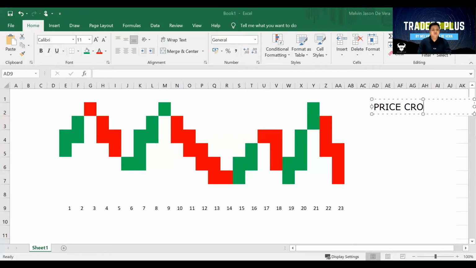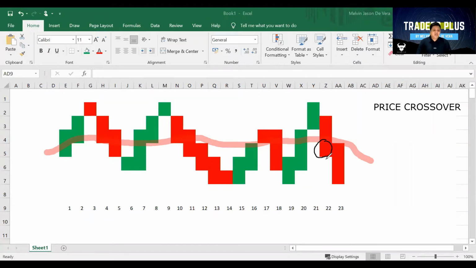Price crossover. Okay, so price, we are talking of the candles. Let's say I'm going to draw my moving average here. In this scenario, makikita natin na nag-cross si candle dun sa moving average.